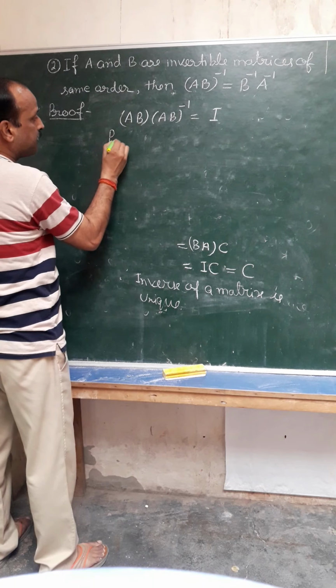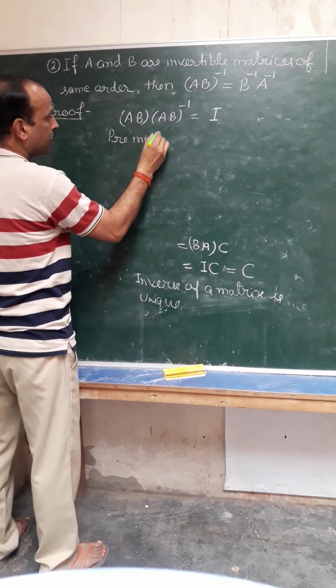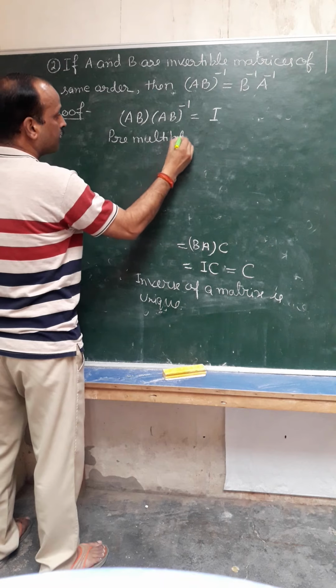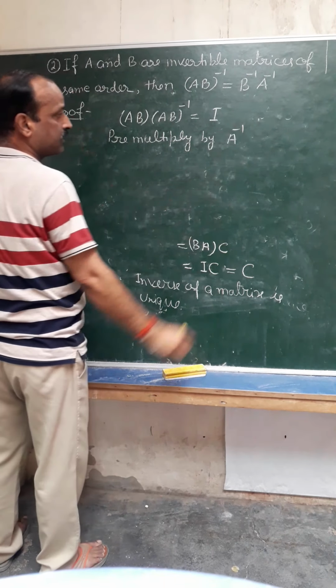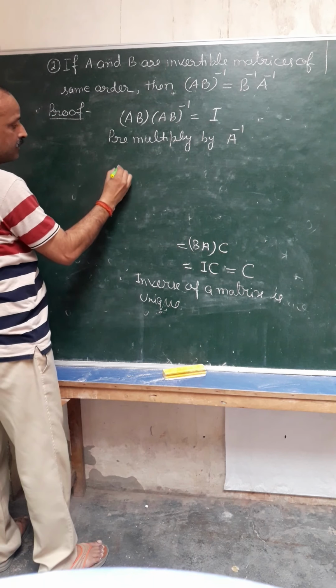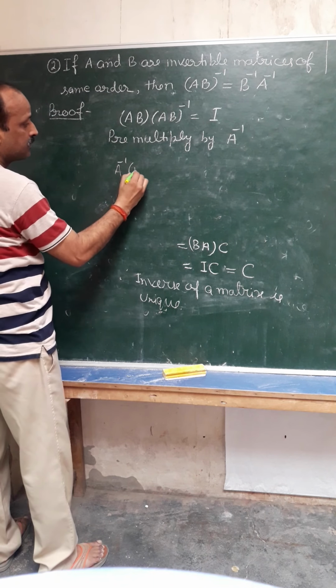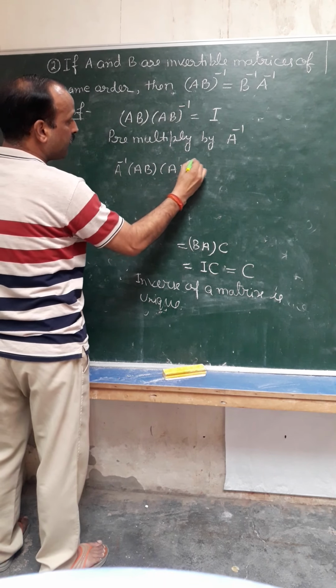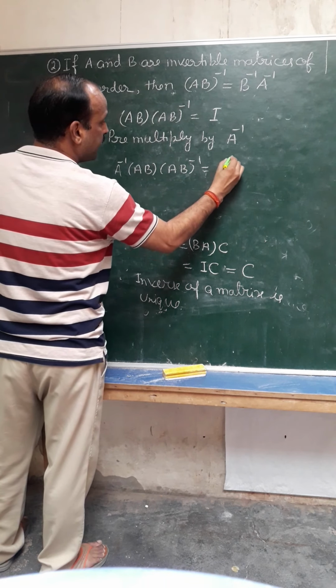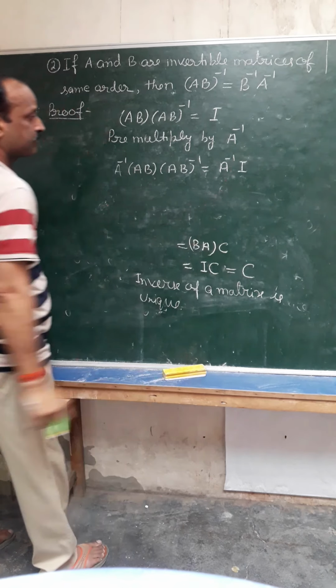Now pre-multiply by A inverse. What we get here? A inverse AB into (AB) inverse equal to A inverse I.